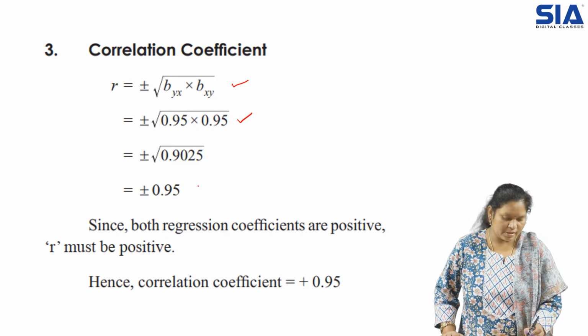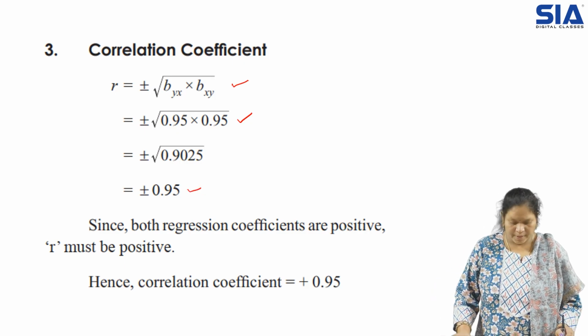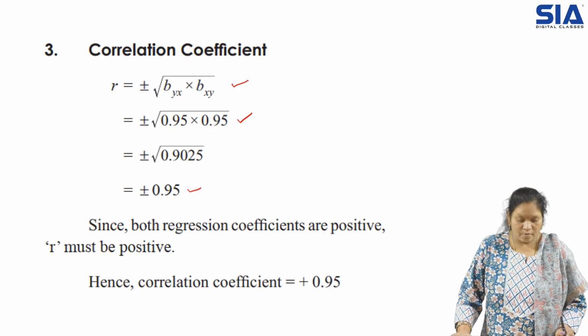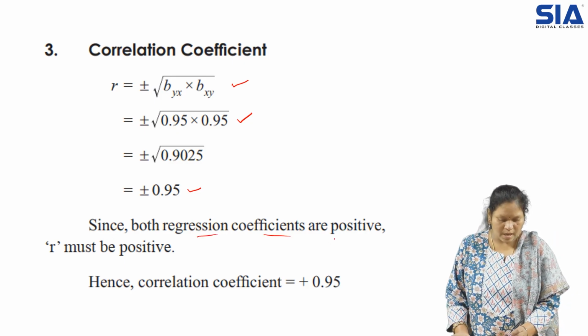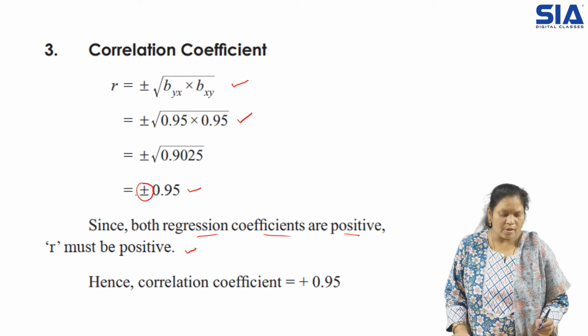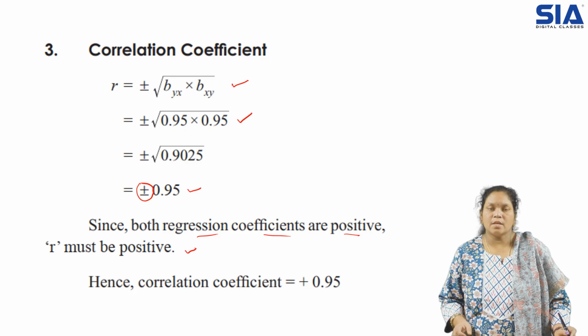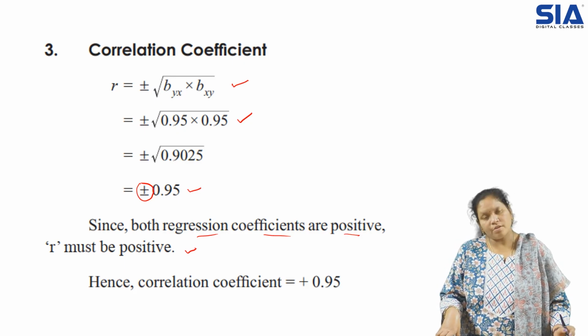So I have done it here, check it out. I have got the answer here as 0.95. We have a reason here, that is, since both the regression coefficients are positive, r must be positive. Here we have no plus or minus. To select which one, either positive or negative, we need to check the signs of the regression coefficients.